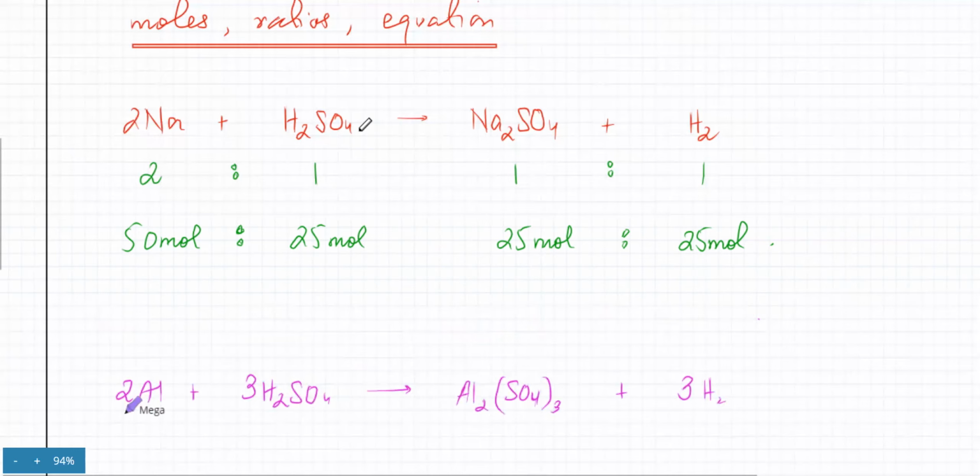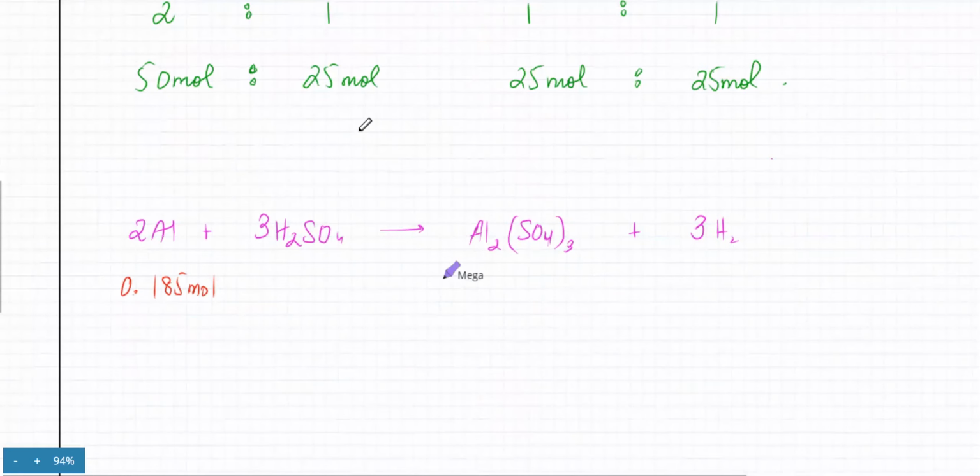What you just need to do is tell me, if you have 0.185 moles of aluminium, the moles of the other substances that are going to react with it. 0.185 divided by 2 gives 0.0925 for Al2(SO4)3. You divide by 2 to get 1 mole, and then multiply that by 3 to get the other ones, which is 0.2775.